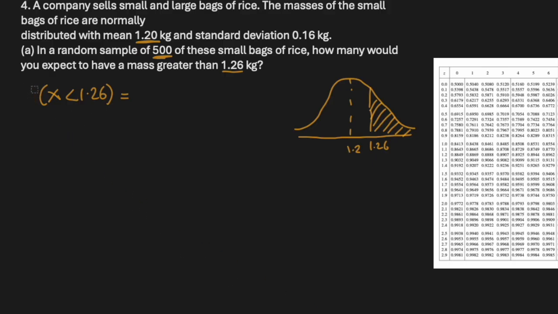The z-score will be x minus mean divided by standard deviation.